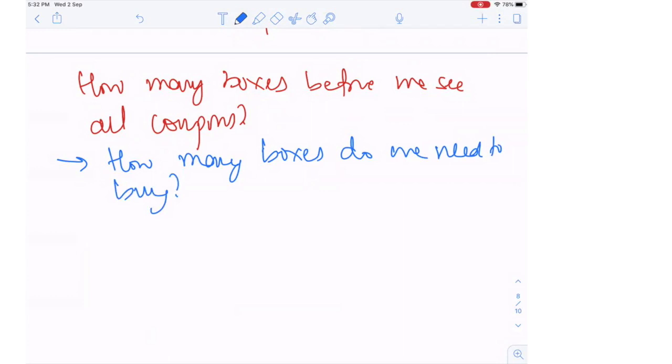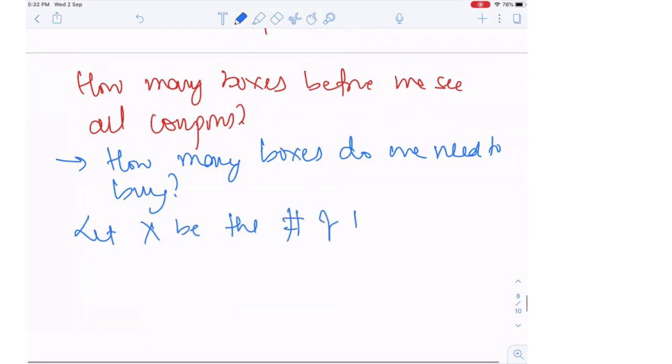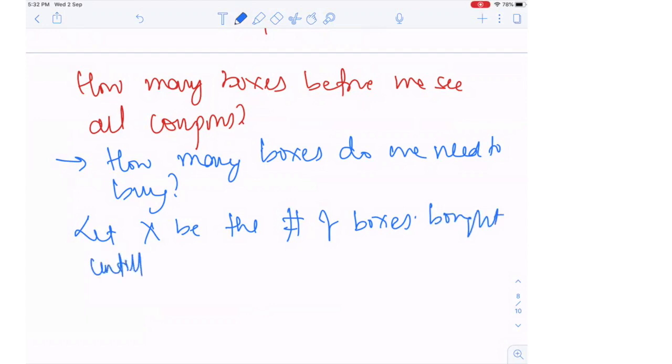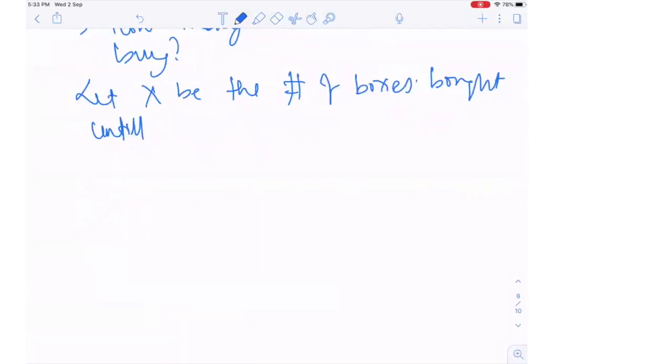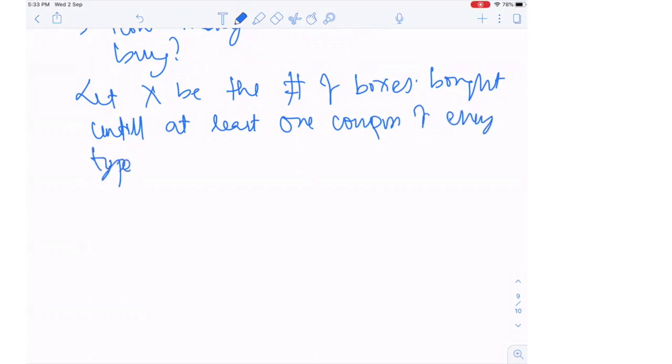Okay, so let X be the number of boxes bought until at least one coupon of every type is collected.